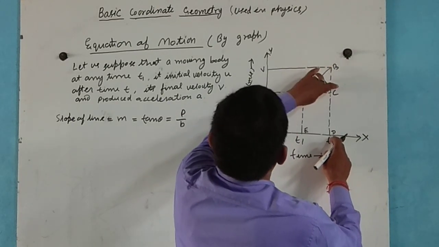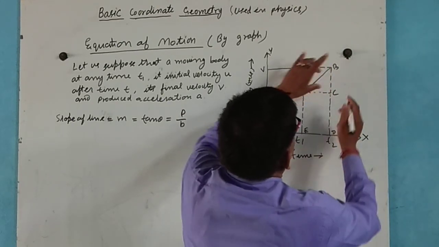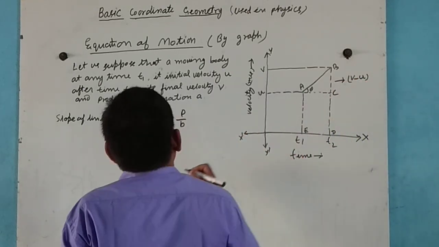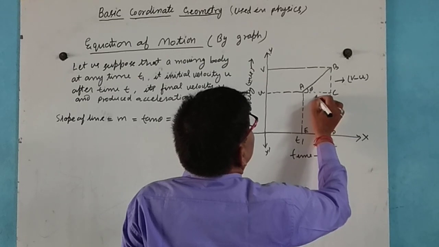This distance is u, so this distance is equal to v minus u, and this distance is delta t.